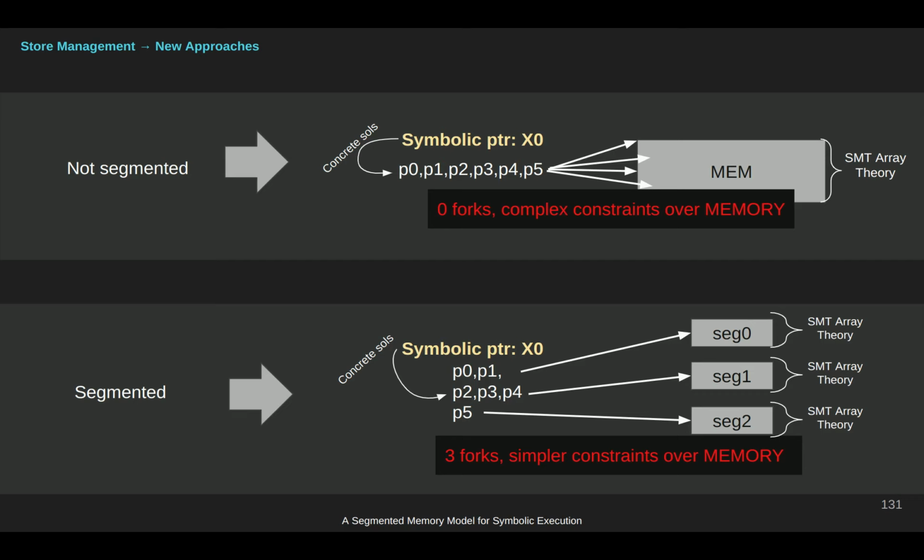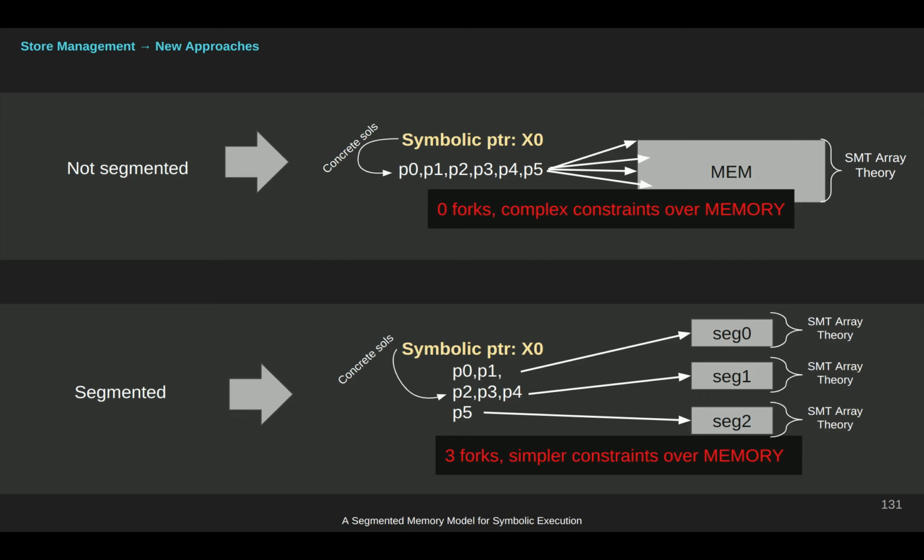Whereas if you split your memory into segments, then you say, okay, my symbolic index in the first case has to be between this value and this value. If it is not between those values, then you take the other case, and then it is between C and D. And if it is not between C and D, then it's between E and F. Then when you want to do your reasoning, you do it over just one segment of memory, not all of memory.